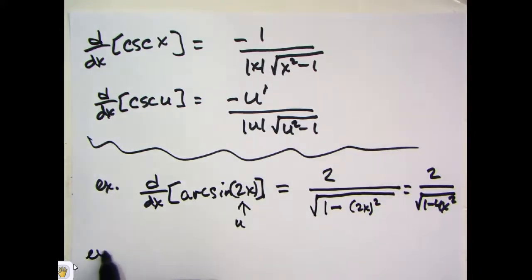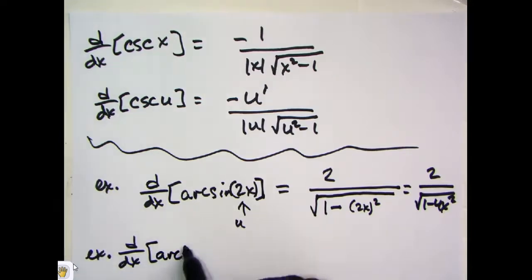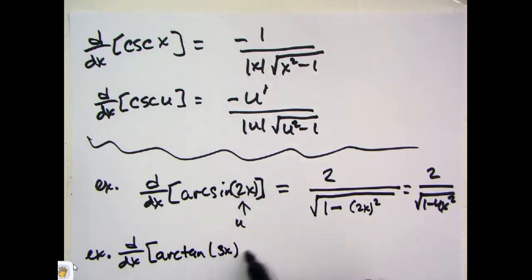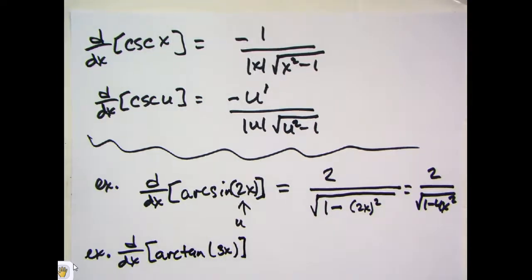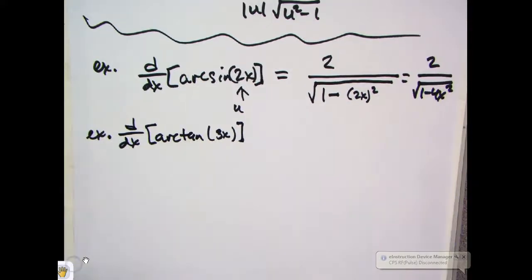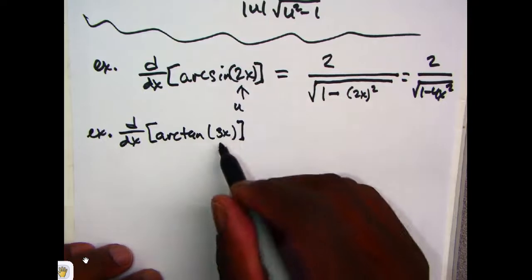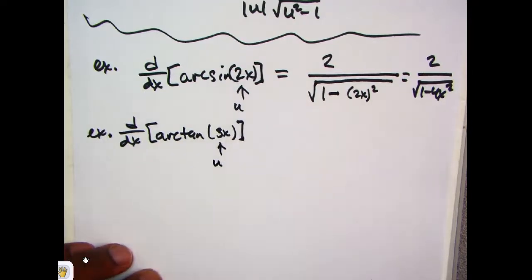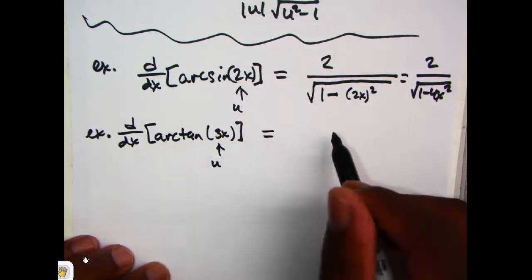Okay, let's take a look at another example. How about the derivative of arctan of 3x? Well, if we have this memorized, then we label the 3x as u, then we know that the derivative of the arctangent of u is u prime divided by 1 plus u squared.